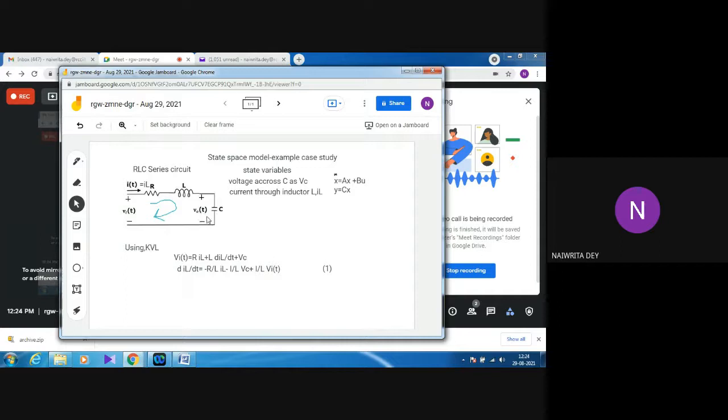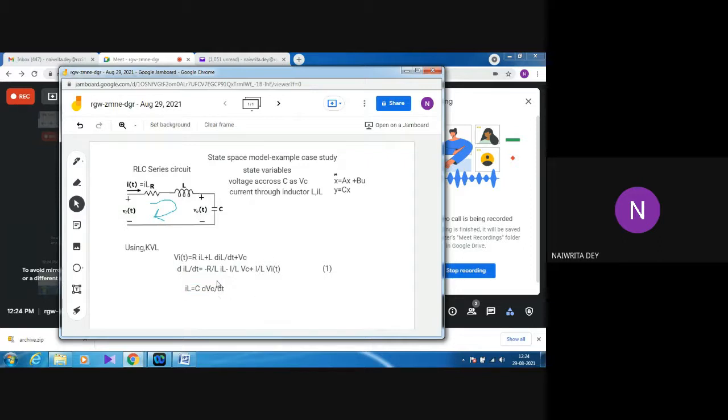The current flowing through the capacitor, which is IL, can be written as C into dVC/dt.